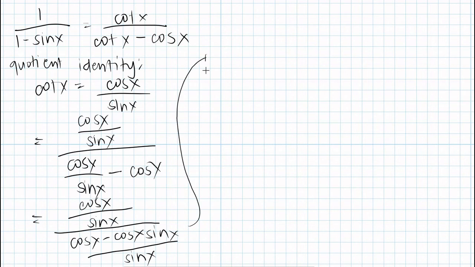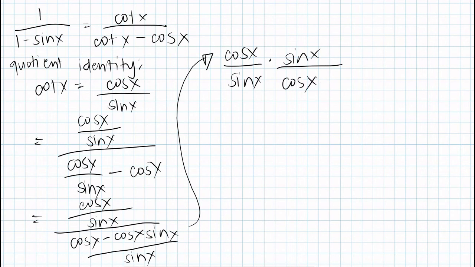Now we can proceed to getting the reciprocal of our denominator and then multiplying the rest of the fraction. So that becomes cosine x over sine x times sine x over cosine x minus cosine x sine x.